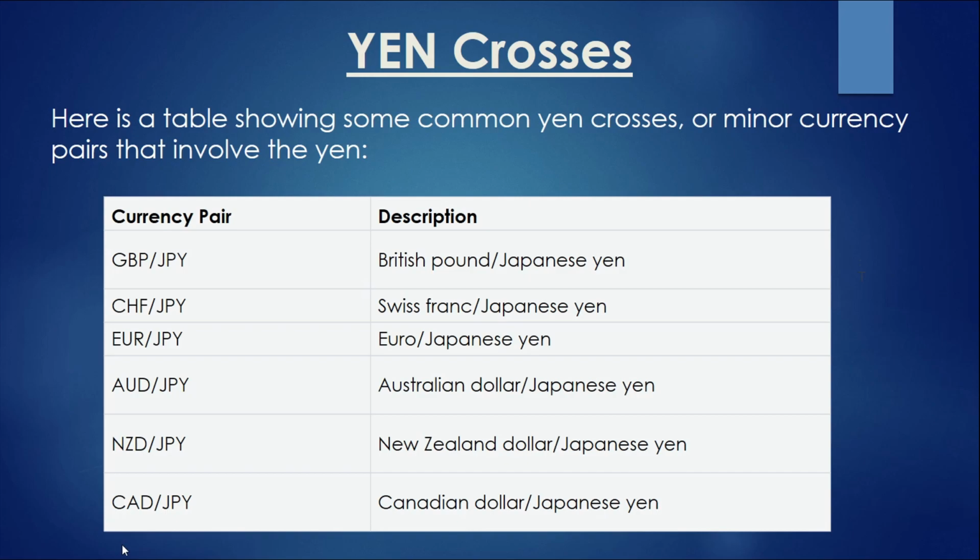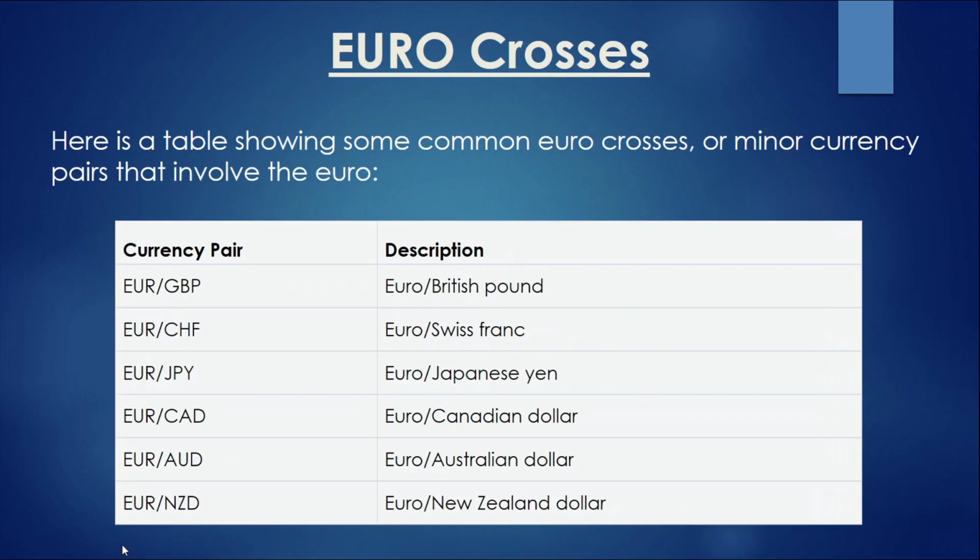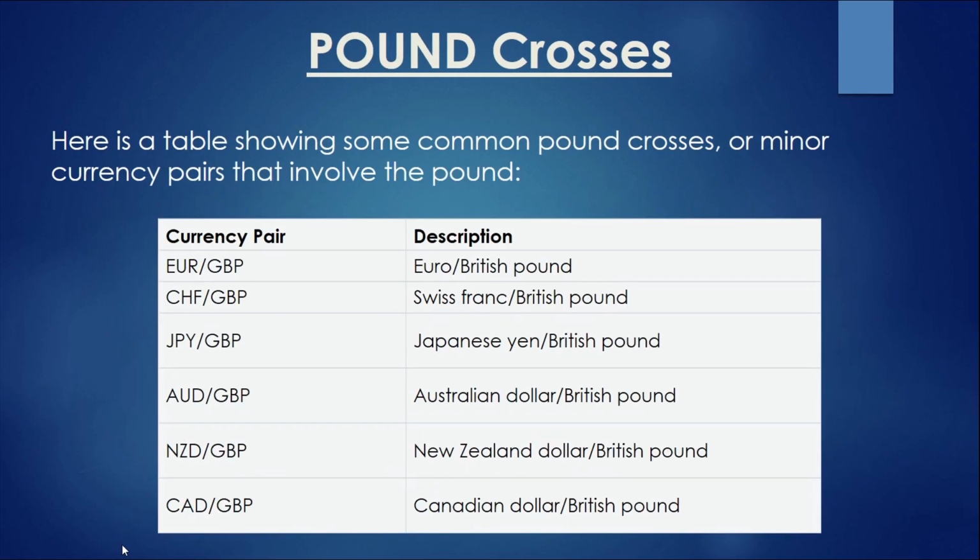Like we saw the Euro crosses, and this is now the pound crosses. Now the Euro crosses, the yen crosses, and the pound crosses, right? That's actually the same thing. The pound crosses include anything that has Great Britain pound.